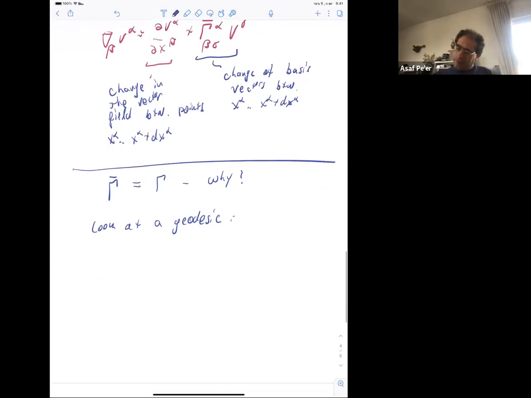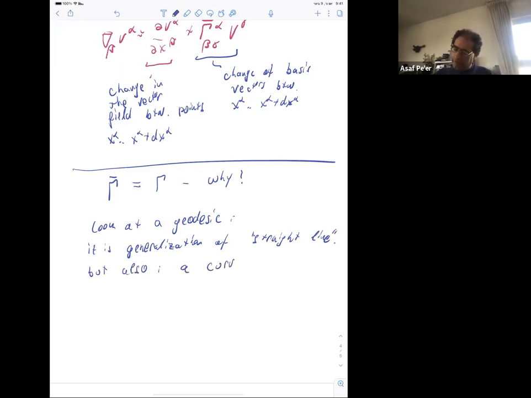So it is a straight line, but also a curve whose tangent vector is always parallel to itself.